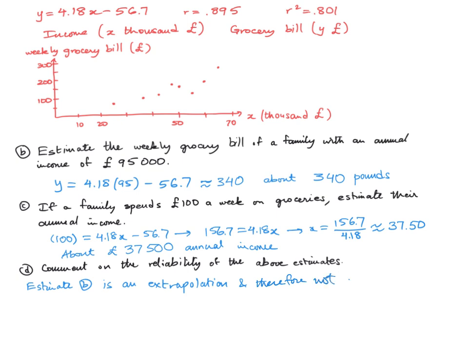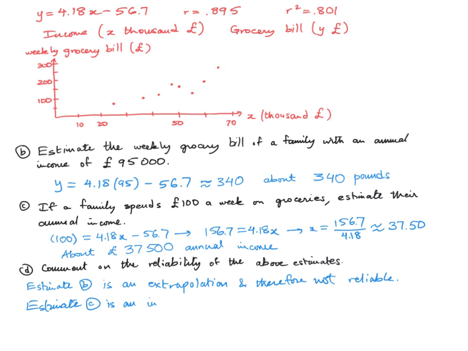However, estimate C. So that's an interpolation because we had an annual income of 37,500 or 100 pounds a week. That's definitely inside, an interpolation between about the 30,000 and the 60 whatever thousand it was.